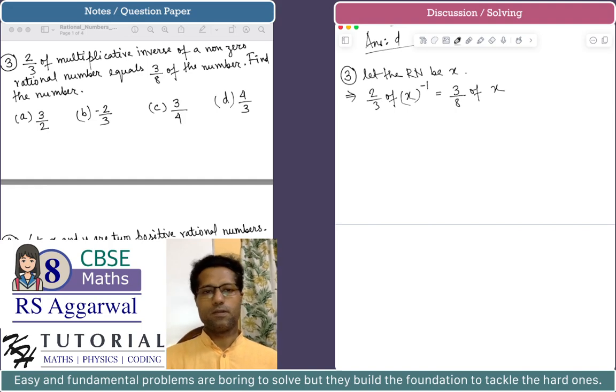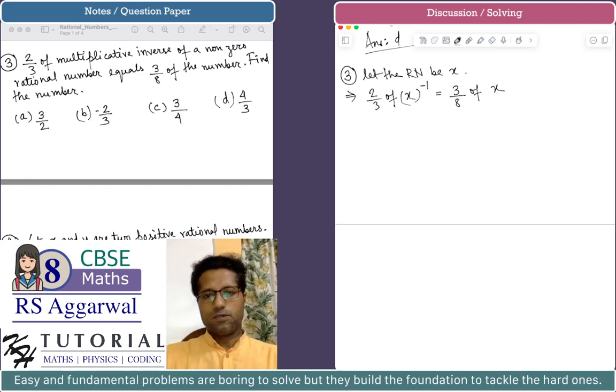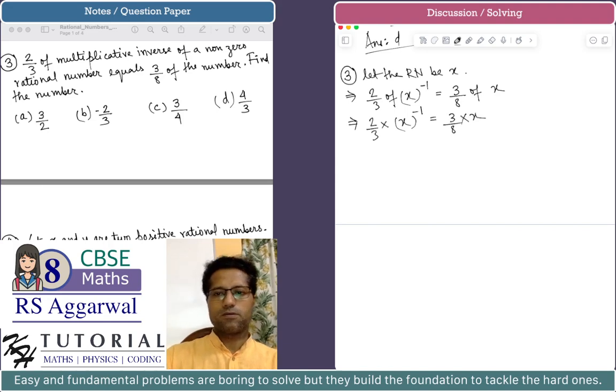This is given. This is the mathematical translation of the problem statement. We know that the of operator means multiplication. So 2 by 3 multiplied by the reciprocal of x is equal to 3 by 8 multiplied by x.